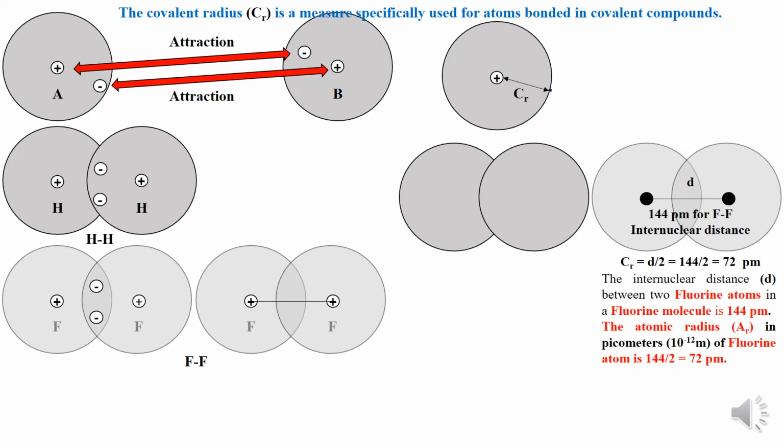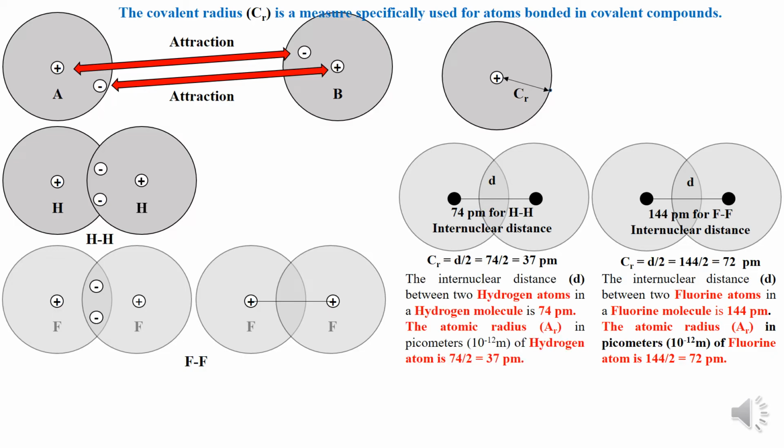So the internuclear distance between the two fluorine atoms in a fluorine molecule is 144 picometers, and the atomic radius of fluorine atom is 72 picometers. That is 144 divided by 2, you get 72 picometers. And the same explanation holds good even for the hydrogen molecule. So hydrogen molecule is formed by mutual sharing of electron pair between the two hydrogen atoms.